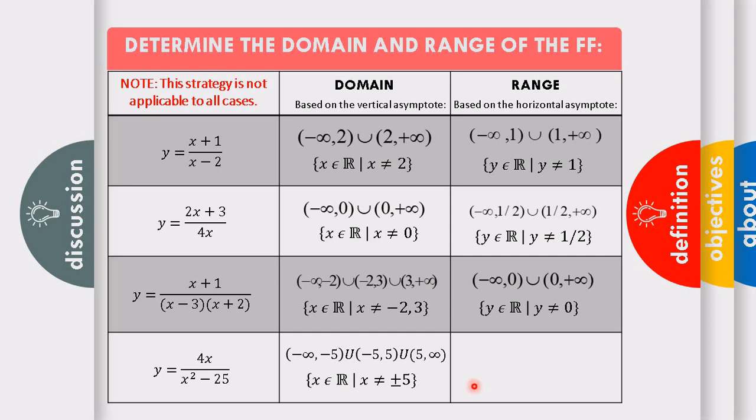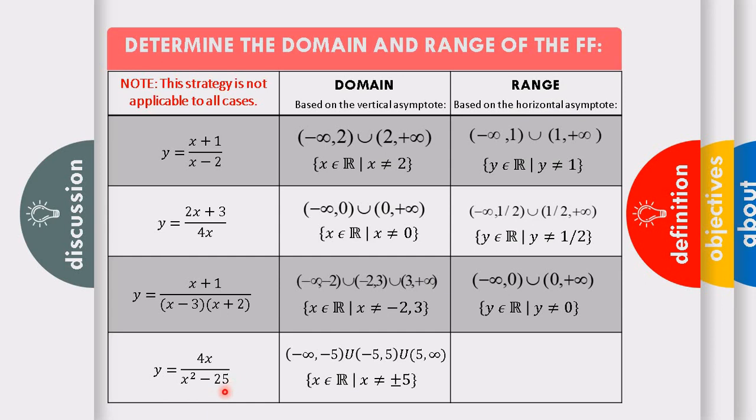And the range, so we have the horizontal asymptote of 0. Since we are under case number 1, the degree of the numerator is less than the degree of the denominator. So 1 is less than 2. So we automatically have a 0 horizontal asymptote. But the intercepts of the given rational function are 0, 0, and 0, 0.